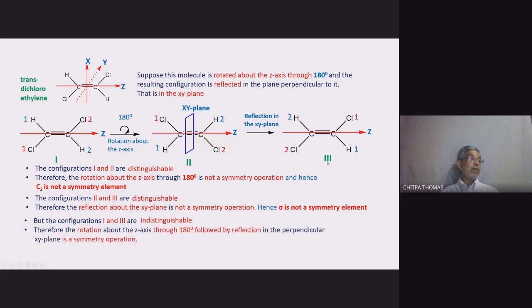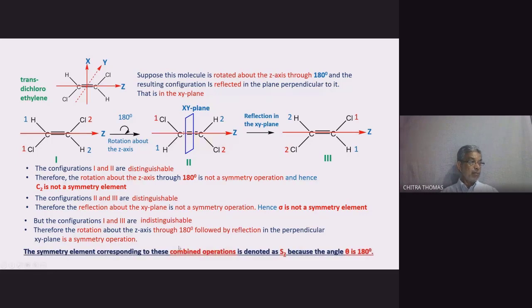So the rotation about the z-axis followed by reflection in a perpendicular plane is a symmetry operation. The symmetry element corresponding to these combined operations is denoted as S2 because the angle theta is 180 degrees.